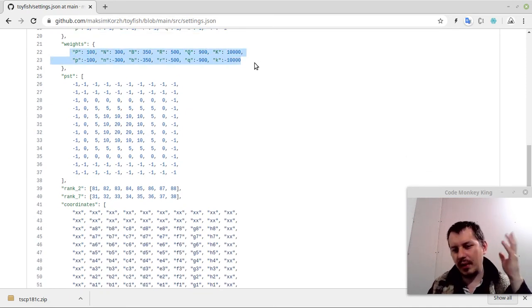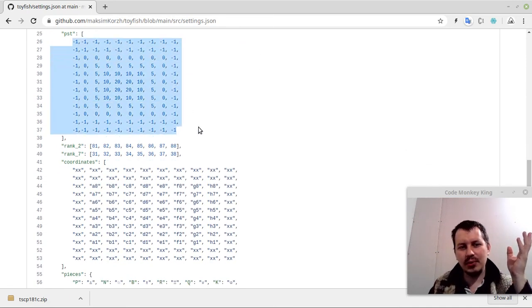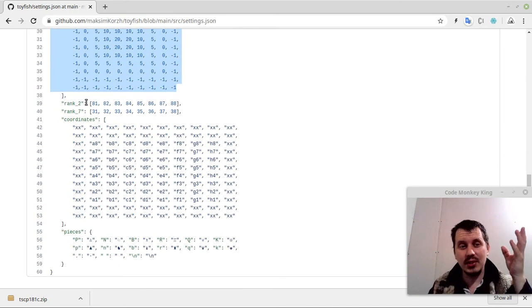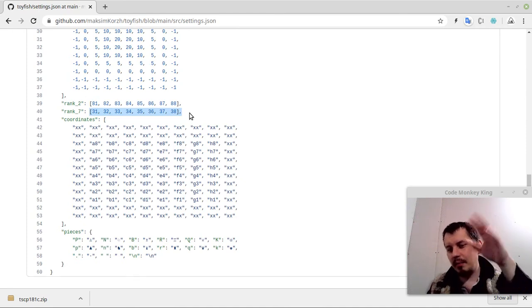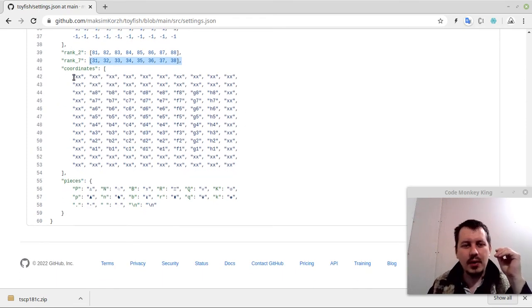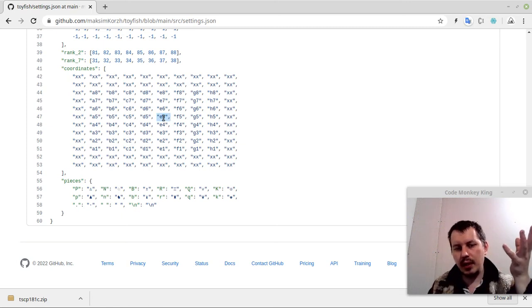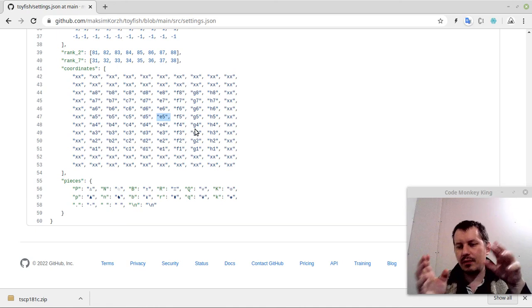The piece weights for evaluating the material, piece square tables to give an engine an idea where to develop its pieces, specific second and seventh rank to distinguish the double pawn pushes and pawn promotions. The coordinates to easily convert the board square indices into user-friendly coordinates, to make it easier for the user to input the moves, and so the engine outputs the move not as integers like the from square and to square, but like from E2 to E4.